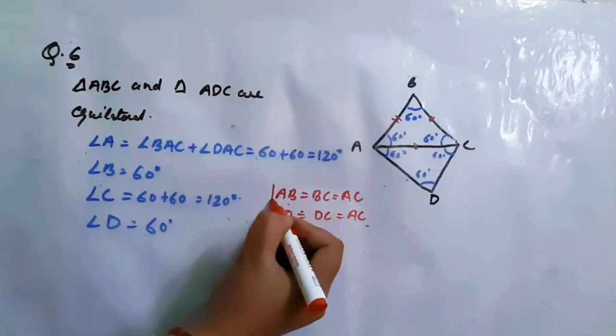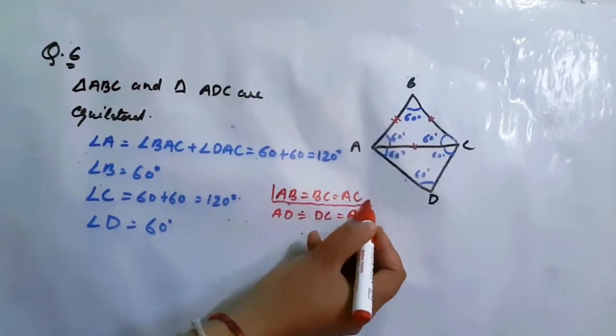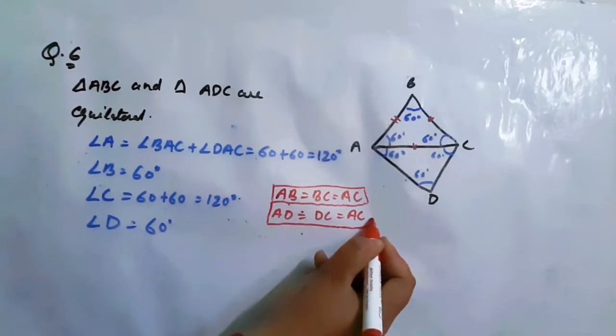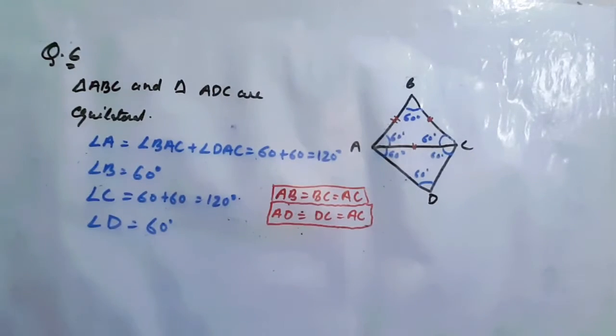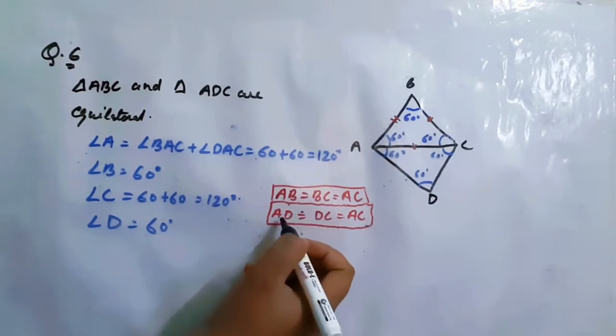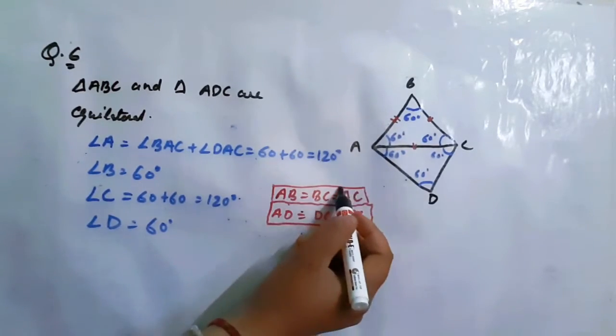Means all three sides of triangle ABC are equal, as well as all three sides of triangle ADC are equal. If all sides are equal, then you can see that AB, BC, AD and DC, they all are equal to AC.